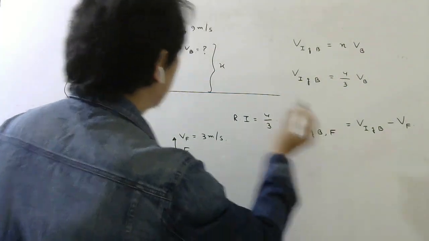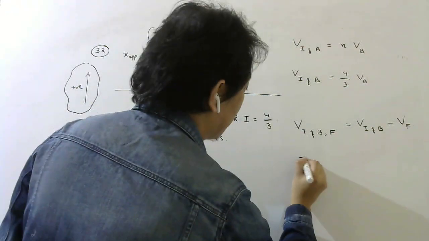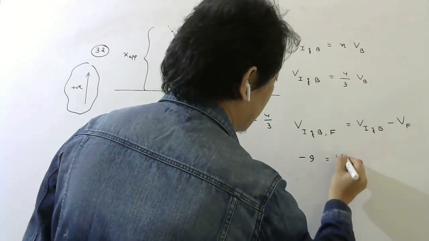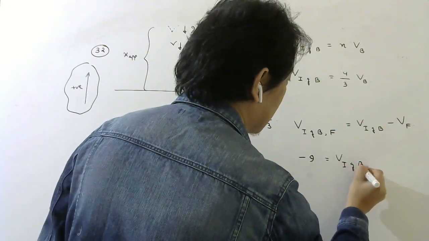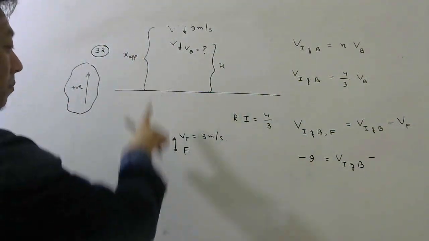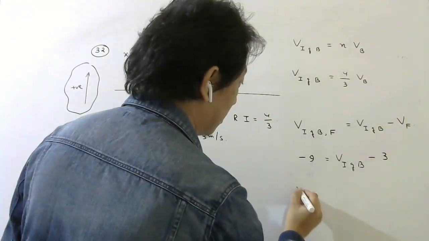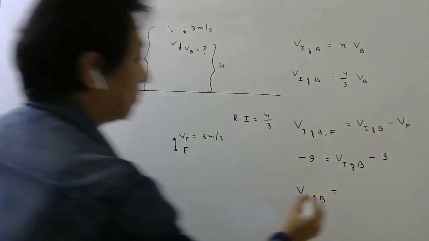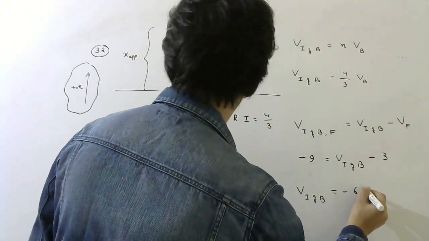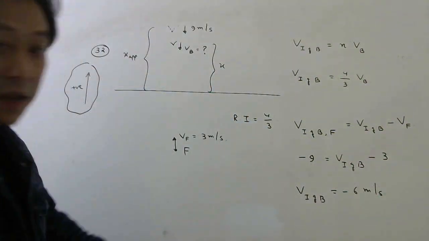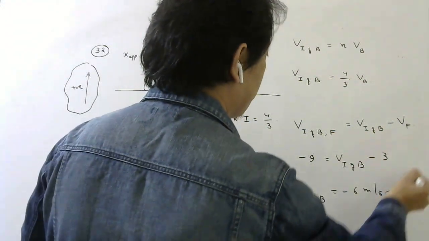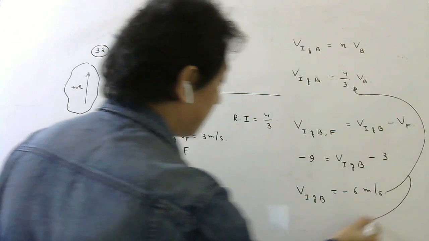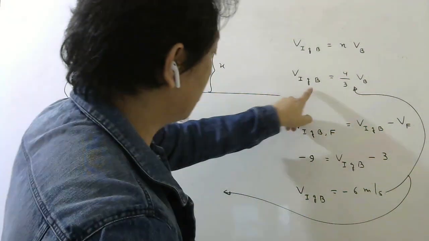Now this is given as 9 but down, so minus 9, because I am taking down negative, up positive. The velocity of image of bird I don't know, minus the velocity of fish, which is up, plus 3. So the velocity of image of bird is minus 9 plus 3, which will be minus 6 meter per second. So once I found this, you can now substitute here. If you substitute there, what will you get? Check. The velocity of image of bird is minus 6.